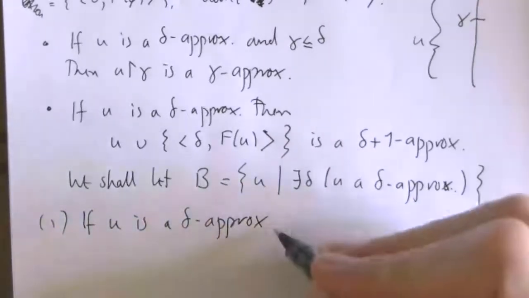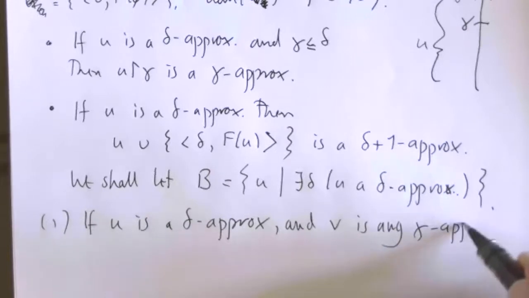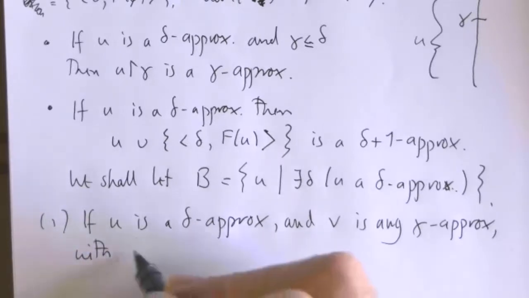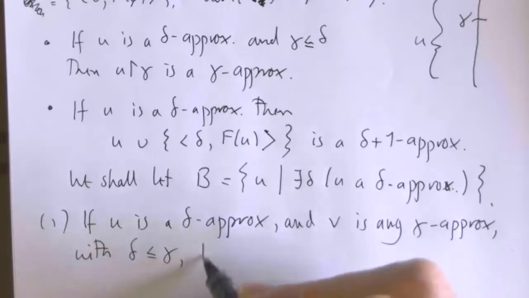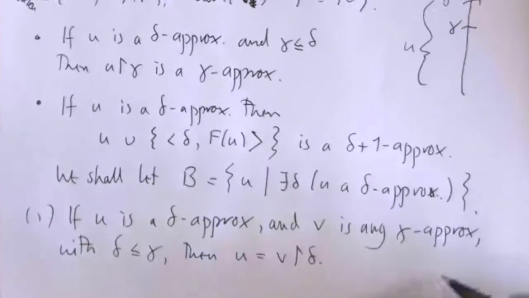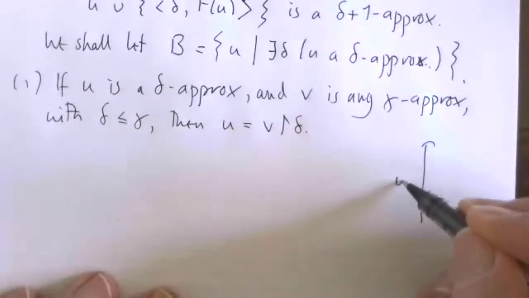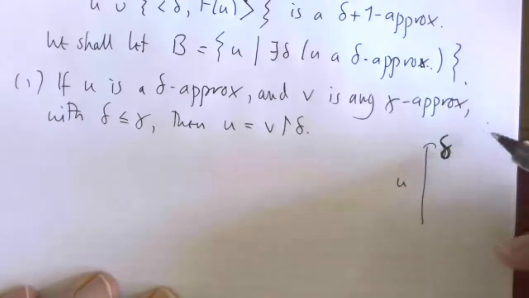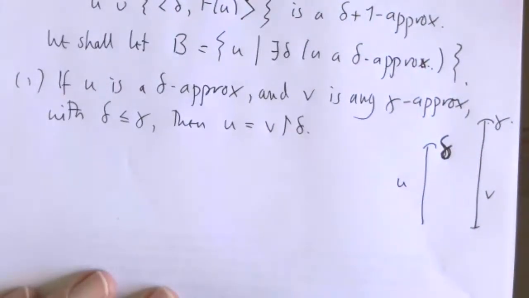So if U is a delta approximation and V is any gamma approximation, and let's suppose delta is less than or equal to gamma here, then actually that just says U is an initial segment of V. So the picture would be, here is U, going up to delta, and here would be V going up to gamma.